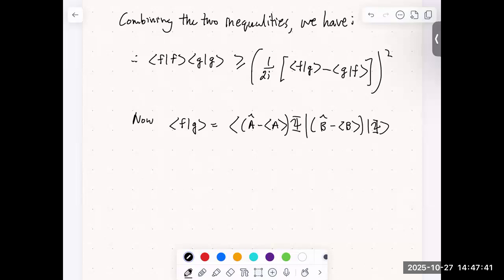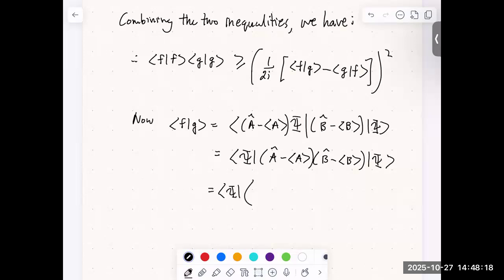Okay. So now we'll kind of do the reverse of what we did before. I'm going to flip this thing around and we'll have A hat minus expectation value of A times B hat minus the expectation value of B, like so. All right. And so now what I want to do is just expand this product. I'm going to multiply this out. We'll get 4 terms. Okay, what's the first one?